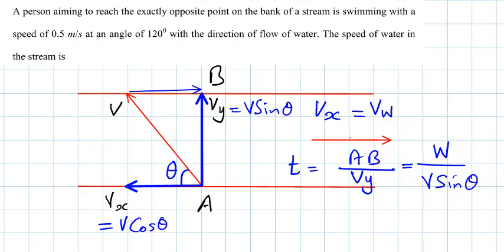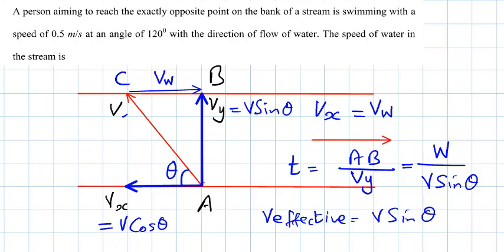What is the resultant velocity? What is the effective velocity? Effective velocity is Vy. The resulting velocity is called the effective velocity. V effective is nothing but V sin theta. Now if you look at the triangle ABC, AC represents the actual velocity of the man, BC represents the velocity of the water.